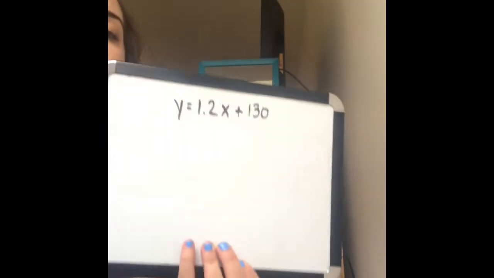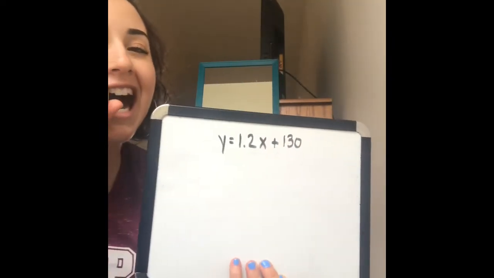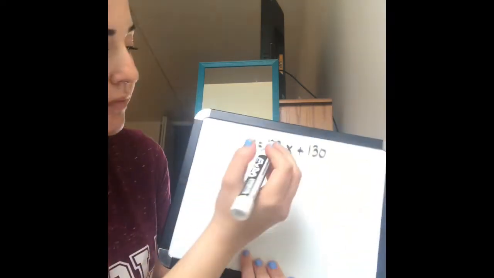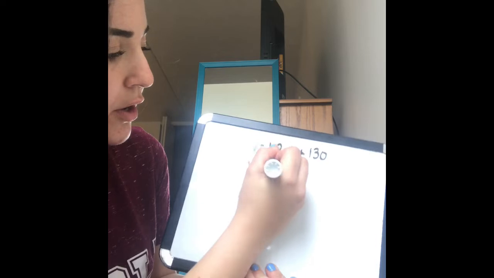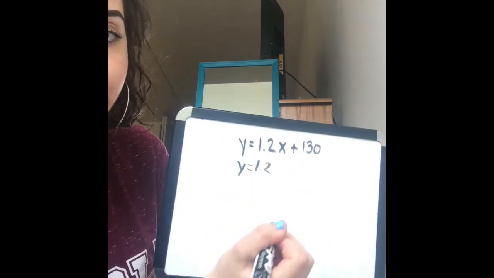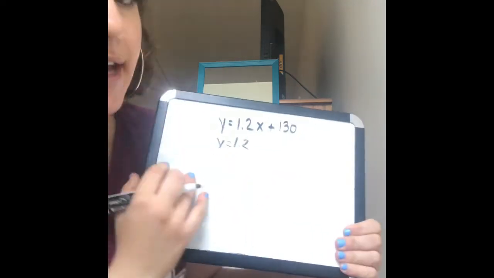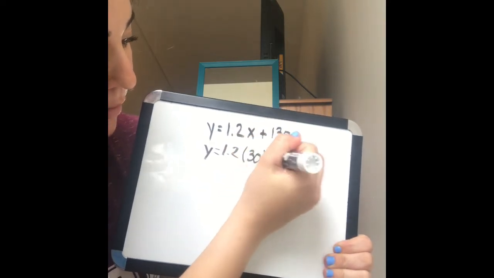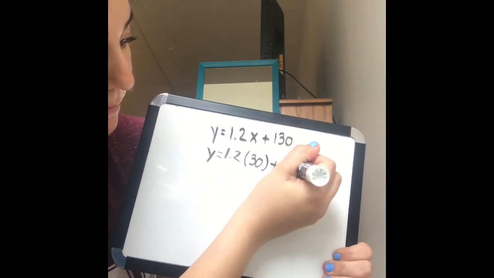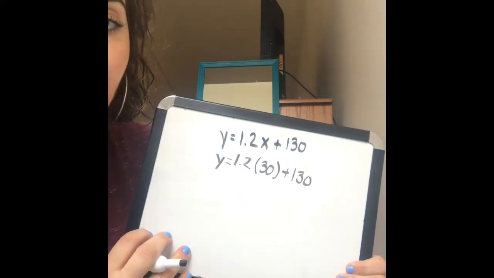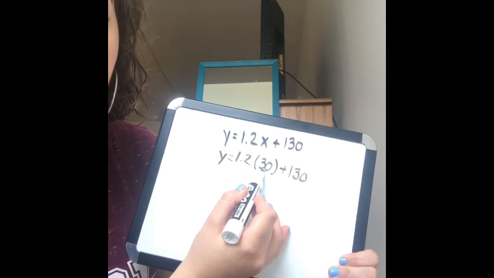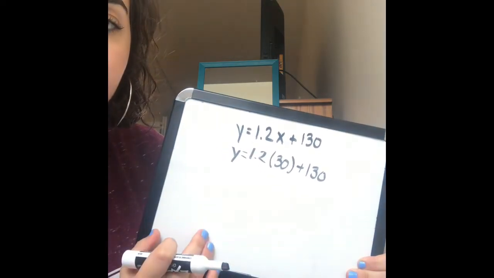Watch me rewrite the equation with 30 plugged in for x. y equals 1.2, but now instead of times x, it's times 30, plus 130. To solve from here, I would multiply 1.2 times 30 and then add 130.